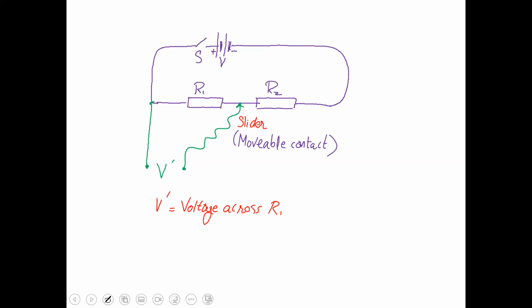So slider can take any position. Here, it will be taking the voltage across R1 because it is across R1. You have to copy this screen now. Let me know once you have copied it.